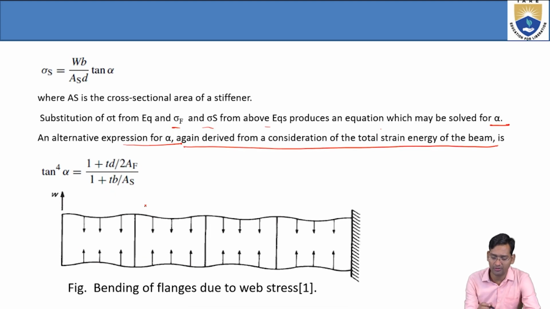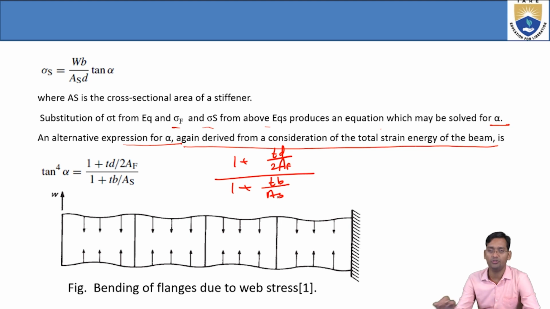After simplifying, what you will get is tan to the power 4 alpha equals (1 plus td by 2AF) divided by (1 plus tb by AS). After solving this, find the value of alpha.